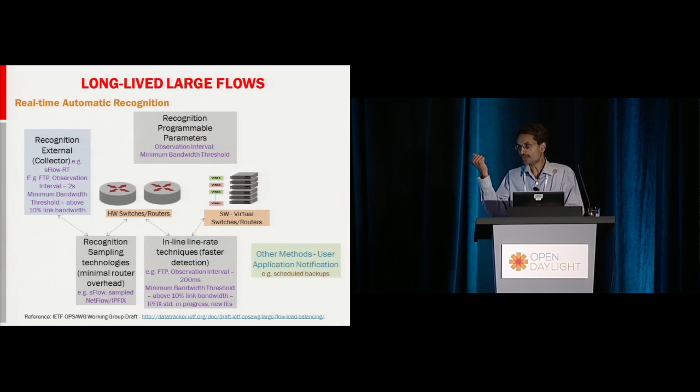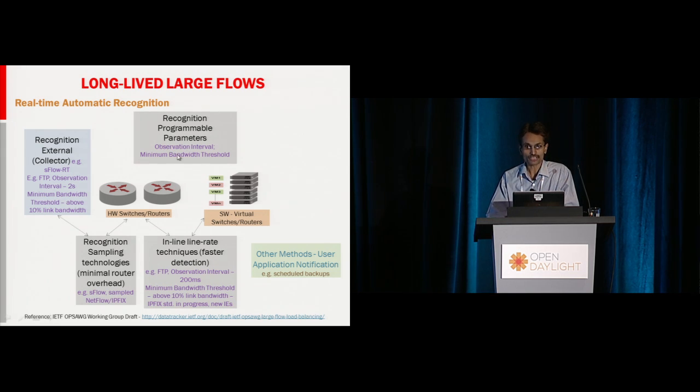So moving on, focusing on long-lived large flows, we'll talk about interesting ways to do automatic recognition in real time. Broadly, there are two techniques. One is based on sampling technologies, and the other is inline line rate techniques. The key parameters for these are the programmable parameters in these implementations.